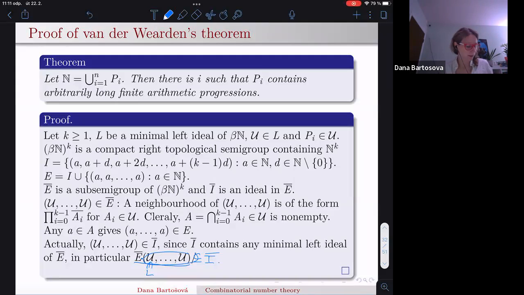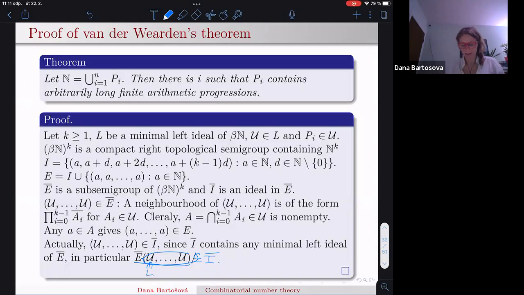Okay, so this is somewhat stronger than seemingly what the theorem is saying at the beginning, and that is that I can exactly describe really the sets that contain arbitrarily long finite arithmetic progressions, and there is really an abstract description.